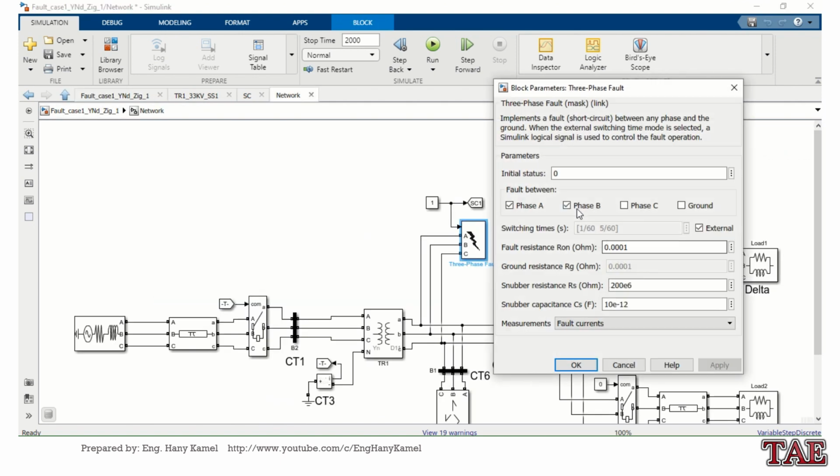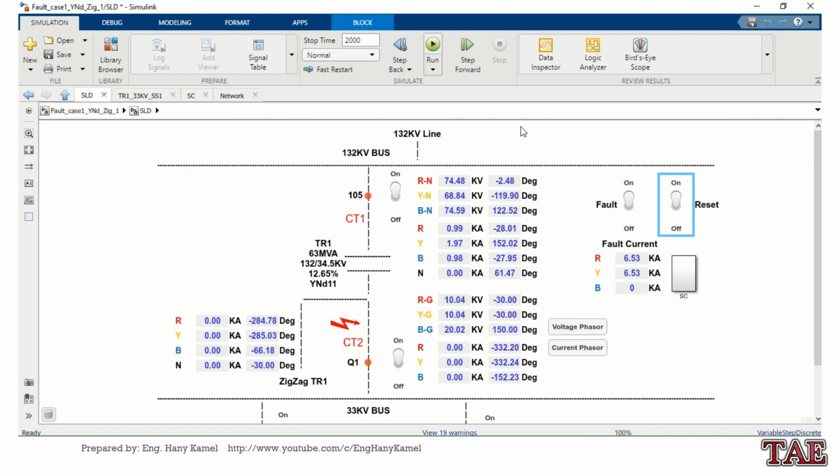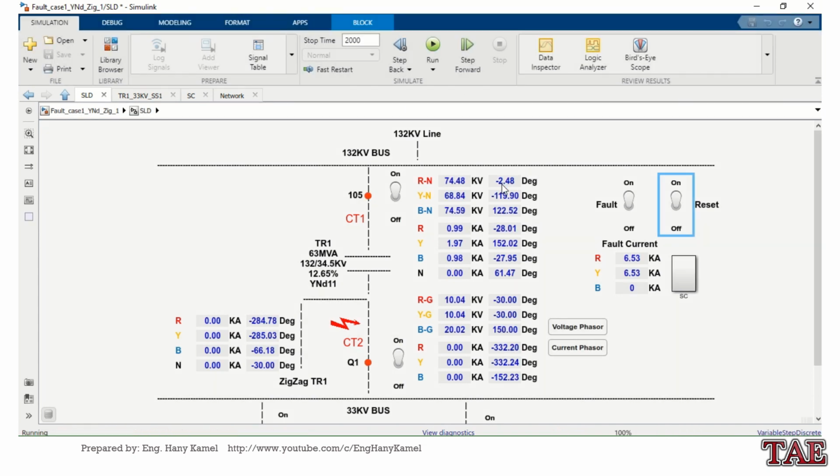Next fault, phase to ground. Now start. We have phase to ground fault, and because it's a phase to ground fault, the neutral point also has current.